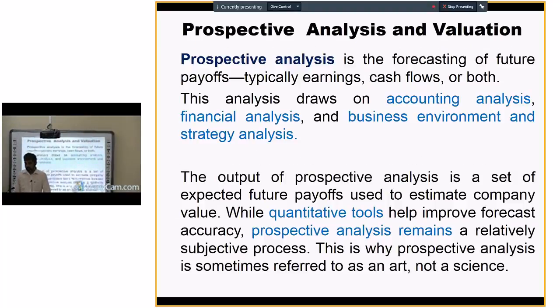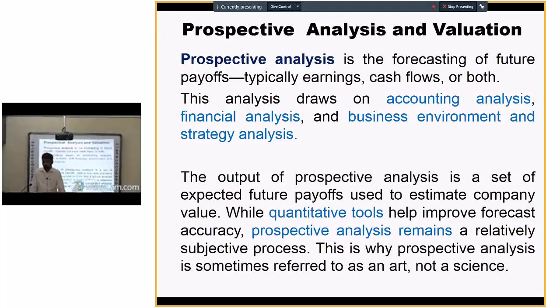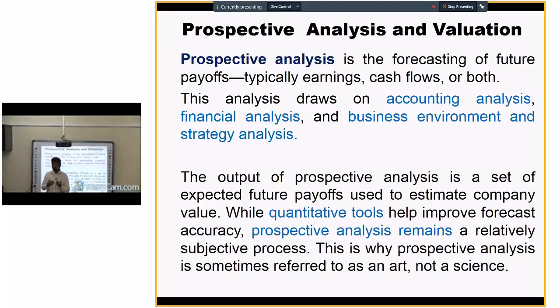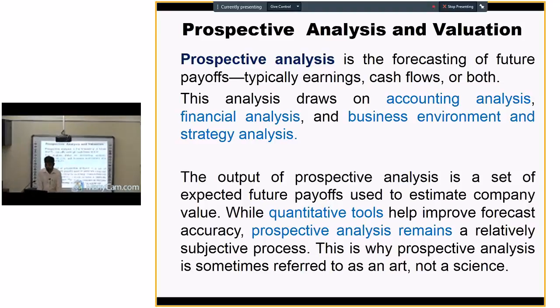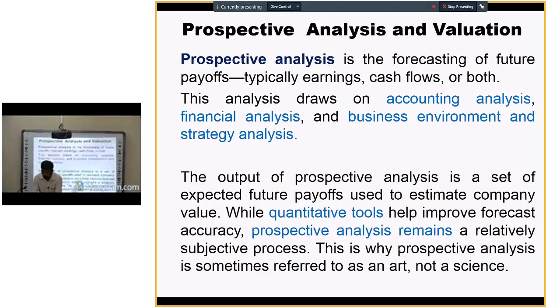Prospective analysis is the forecasting of future payoffs, typically earnings, cash flows, or both. We have to estimate earnings and future cash flows, then we can discount them to take the present value. Based on that, we can determine the value of that organization or its shares or stocks.